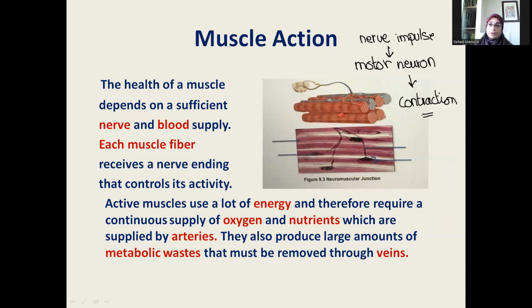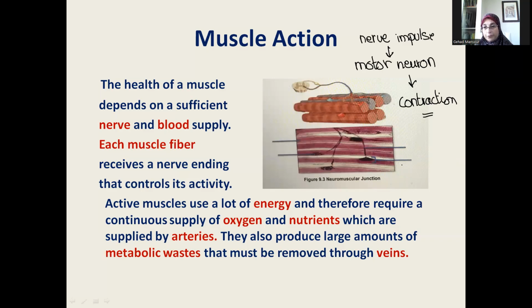But when the skeletal muscle or the cardiac muscle or the smooth muscle receives nerve impulses, every individual muscle fiber will receive a nerve branch. So as you see here, we have, for example, skeletal muscle fibers or myofibers.